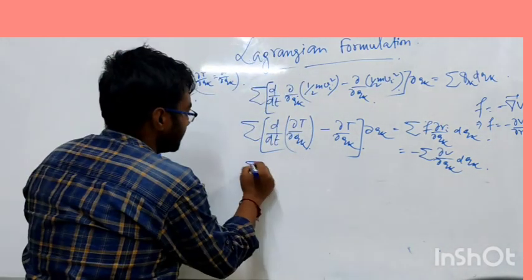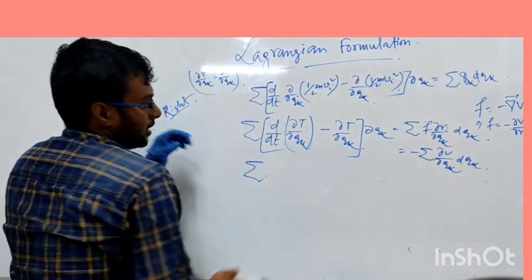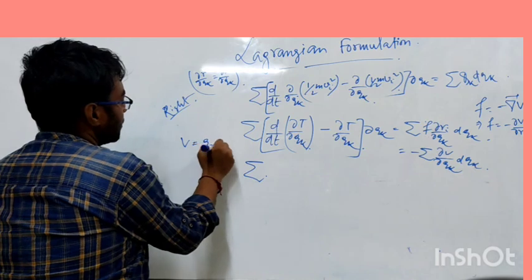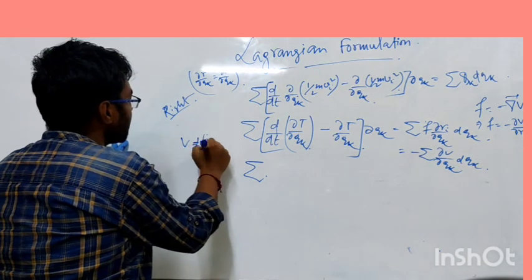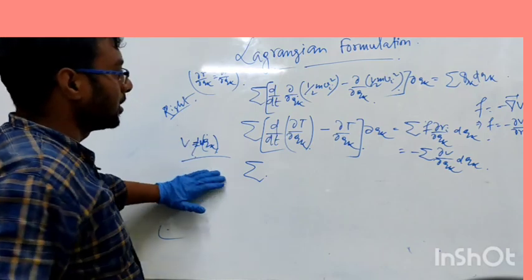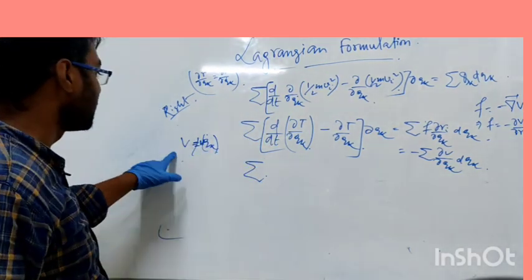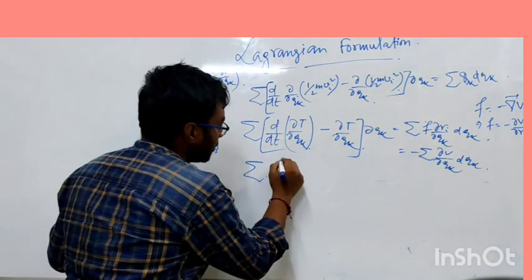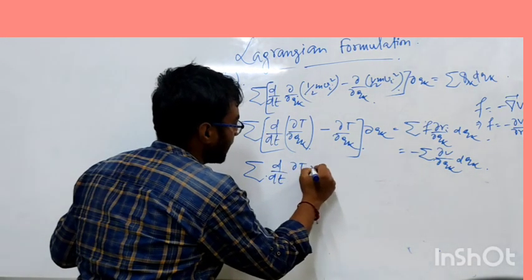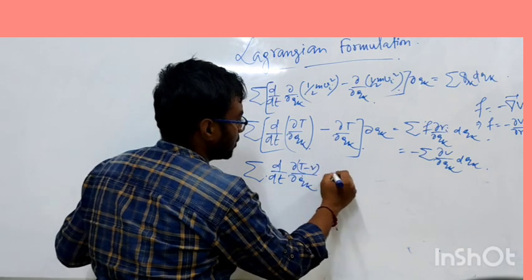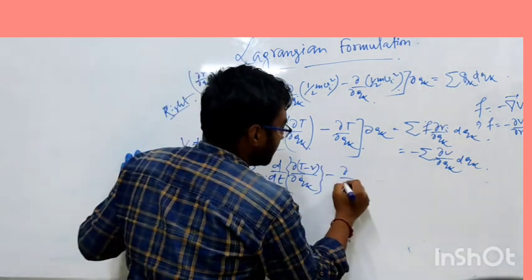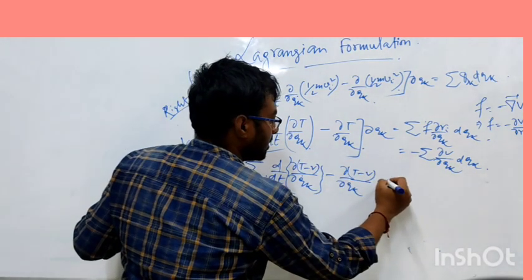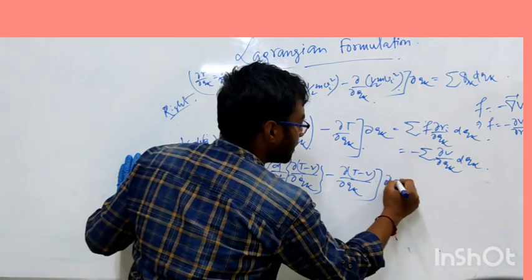And we already know that this potential does not depend on the velocity of the particle. For a general case, if we consider that the potential does not depend on the velocity, then we can write d/dt of del (T minus V) del Qk dot minus del (T minus V) del Qk into dQk equal to 0.